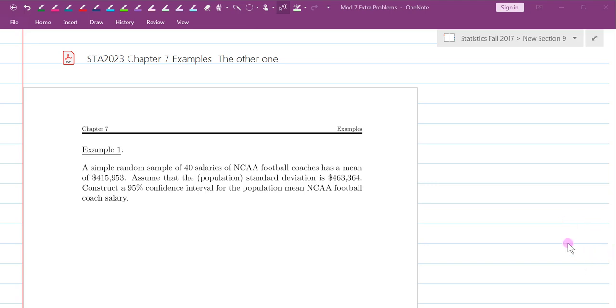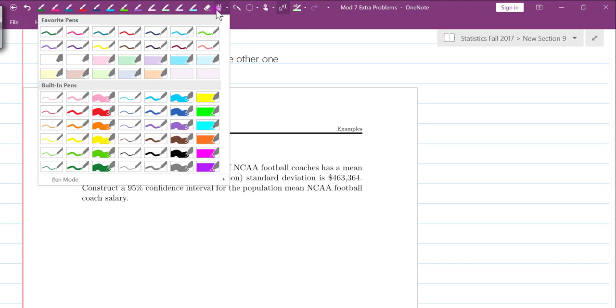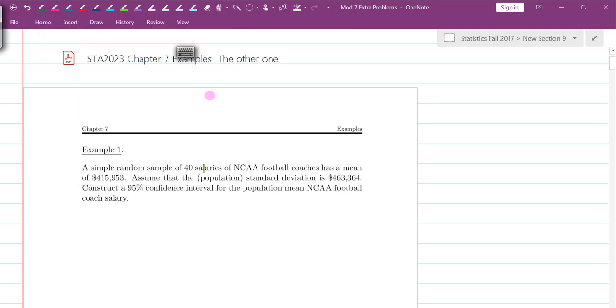So we have a simple random sample of 40 salaries of NCAA football coaches. Has a mean salary of, wow, I think I am definitely in the wrong business. So let me get a highlighter here. The mean salary is $415,953.